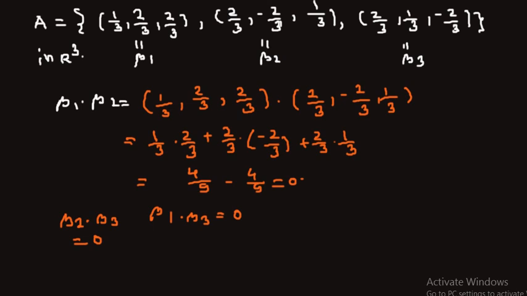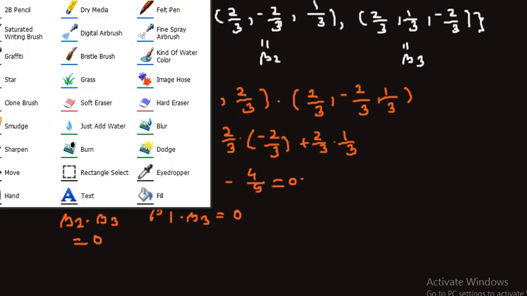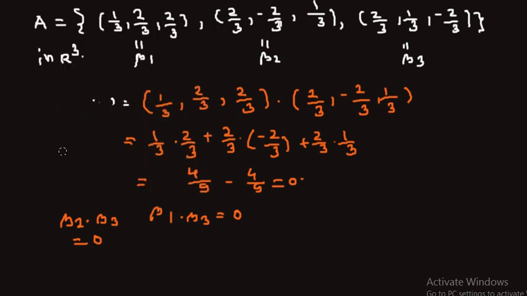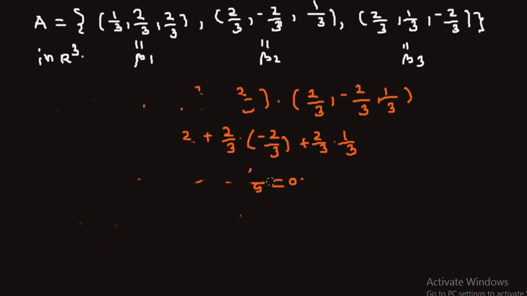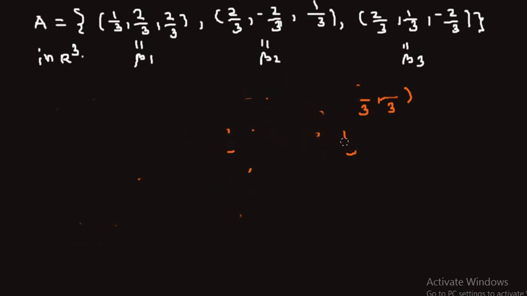For that, we have to multiply beta 1 with beta 1, beta 2 with beta 2, beta 3 with beta 3. So this is the procedure to find an orthonormal set from an orthogonal set of vectors.